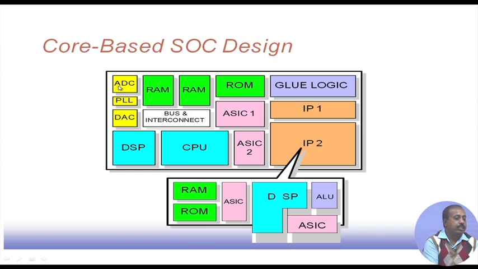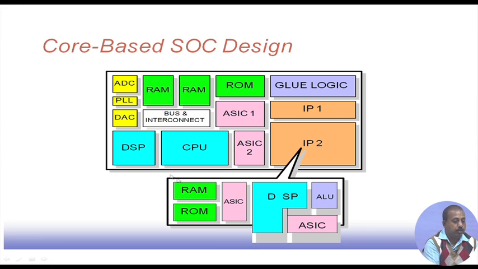If it is a system talking to the analog environment, then there must be some ADC and DAC components in it. Then some special ASIC may be necessary, that may be known to the designer only. The ASICs' descriptions are taken, and it may so happen that this IP, which stands for intellectual property, core 1 and intellectual property core 2, may themselves be another SOC.